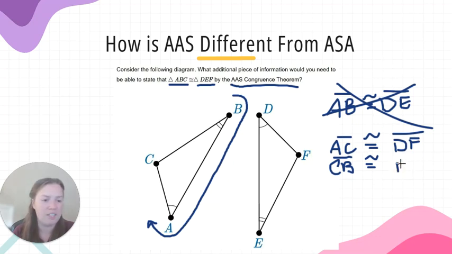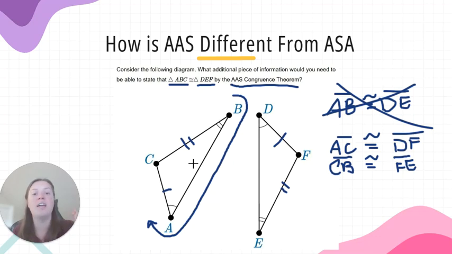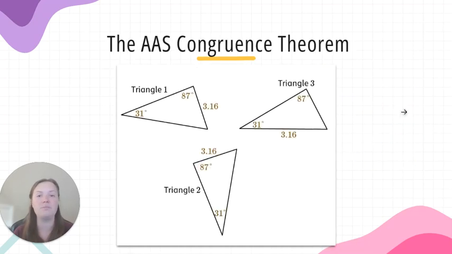Let's rewrite that. FE. So we want either AC congruent to DF, or we want CB congruent to FE. These are the two sides that we would want the information for to prove angle side, right? We do not want our included angle. We want a non-included angle. So that is how they are different.